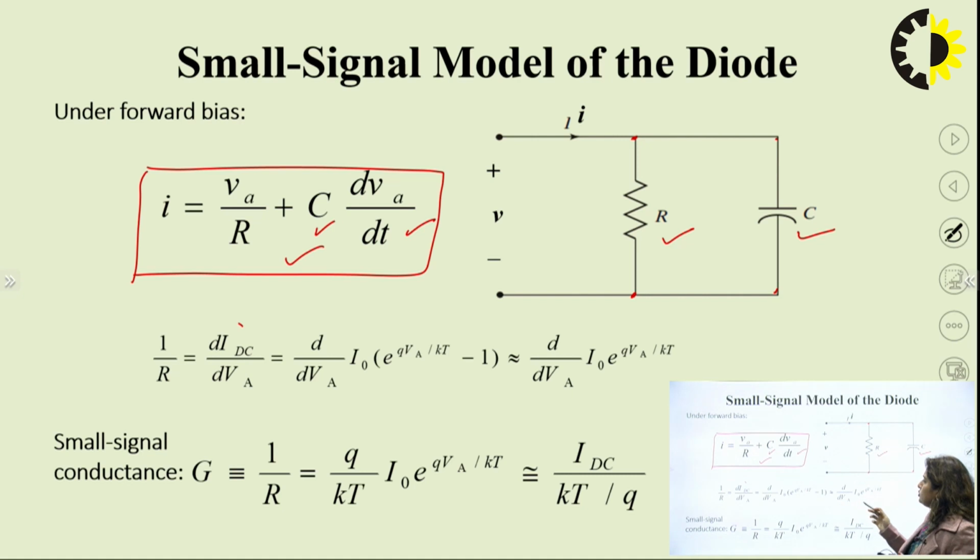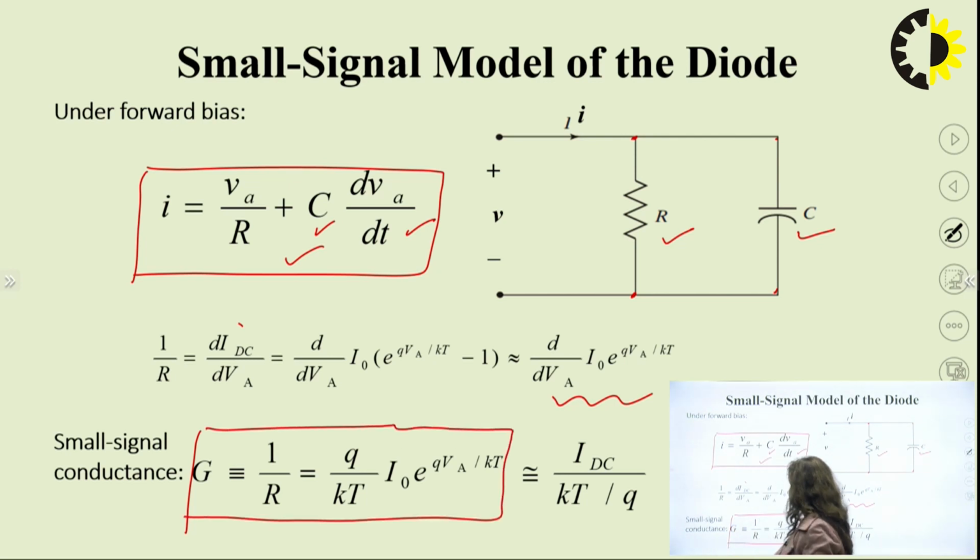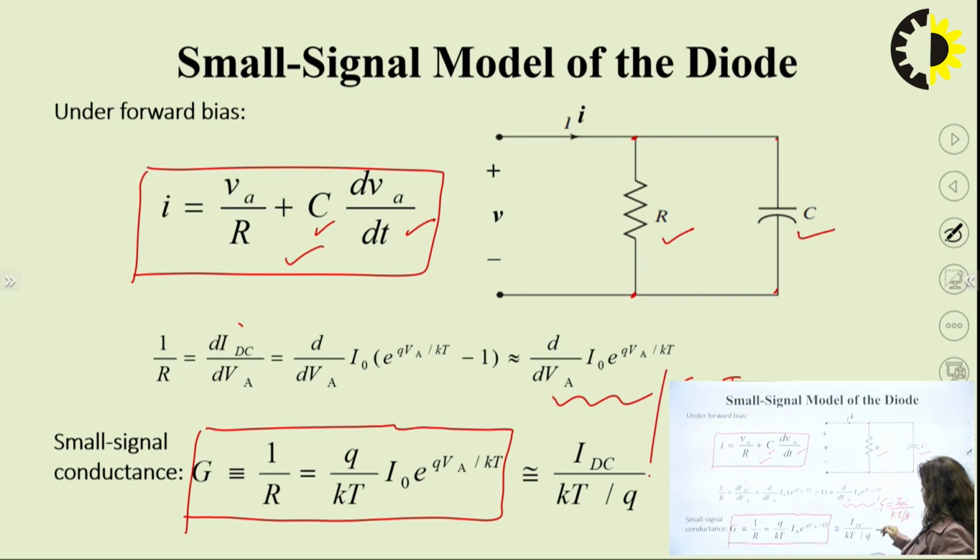So for the small signal conductance, G equals 1 upon R, and when you put in these values, you get G as IDC upon KT by Q. This is the conductance of the small signal model of the diode.